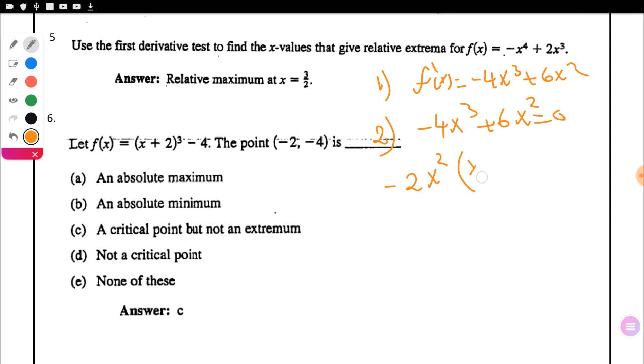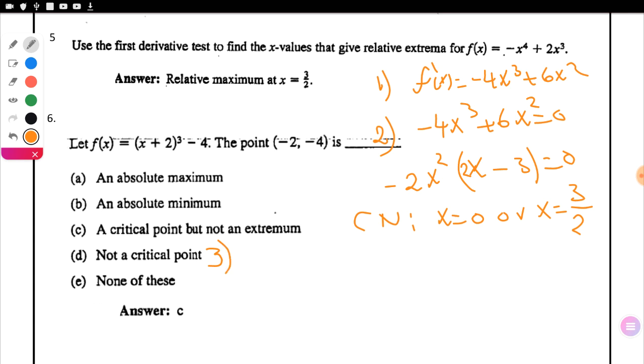It will be x minus 3 over 2 equal to 0. So the critical numbers are at x equals 0 or x equals 3 over 2.